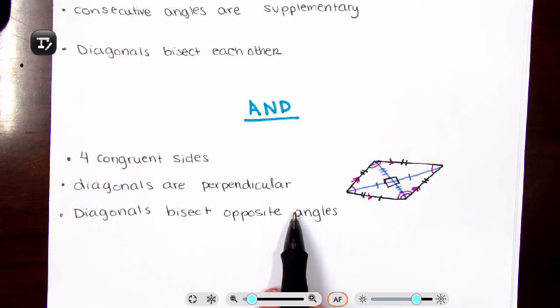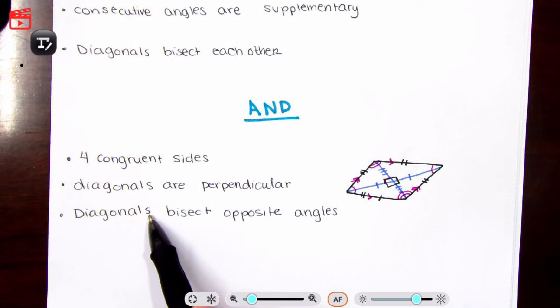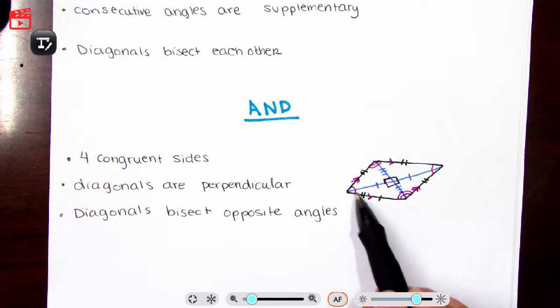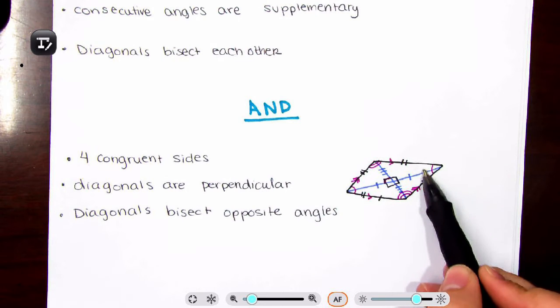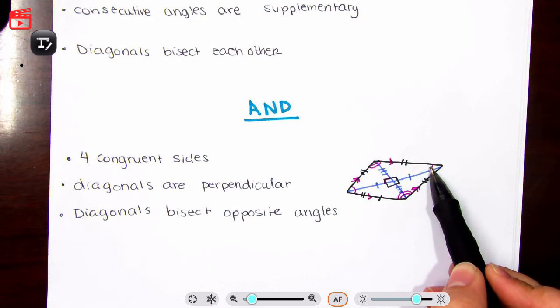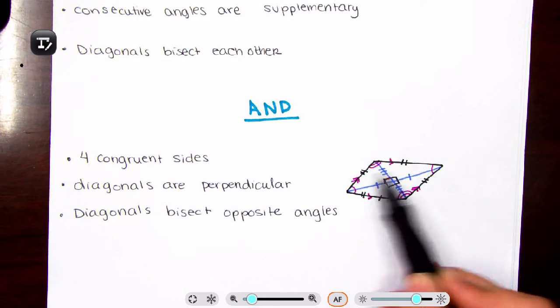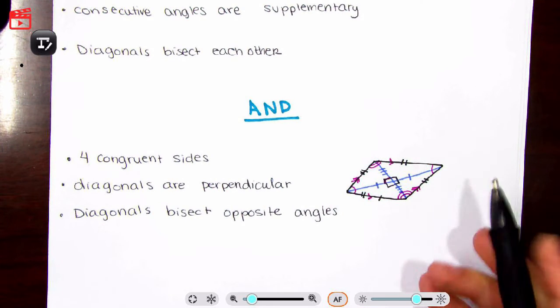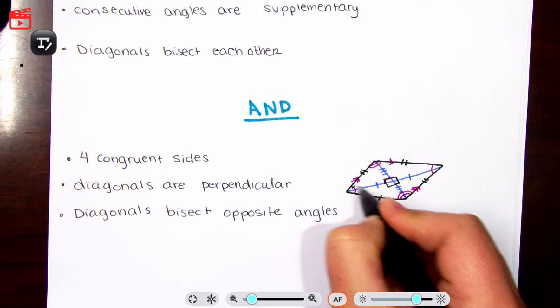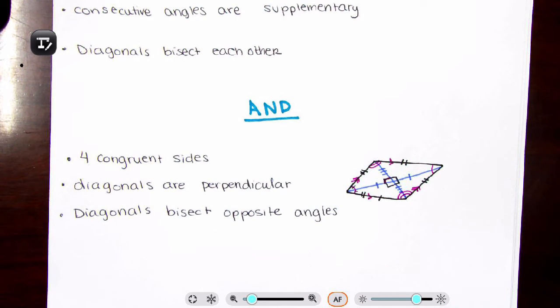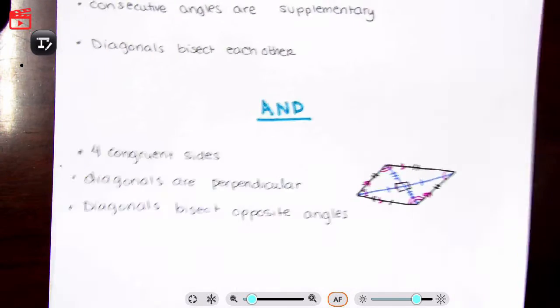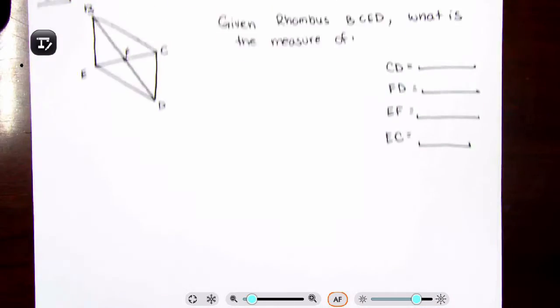So what that means is the diagonal cuts each angle in half. So not only are opposite angles congruent, but now each half, like this one and this one, are the same measure. Let's go ahead and do some questions and examples.